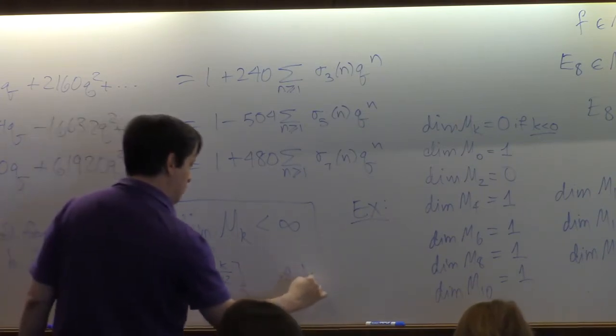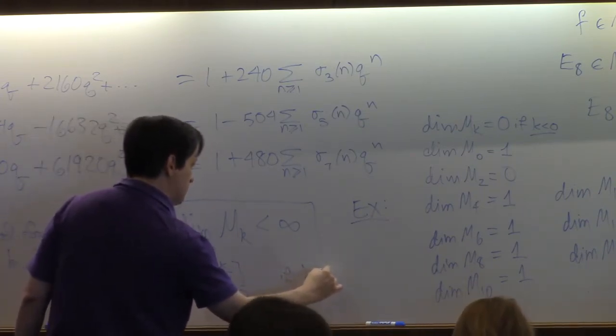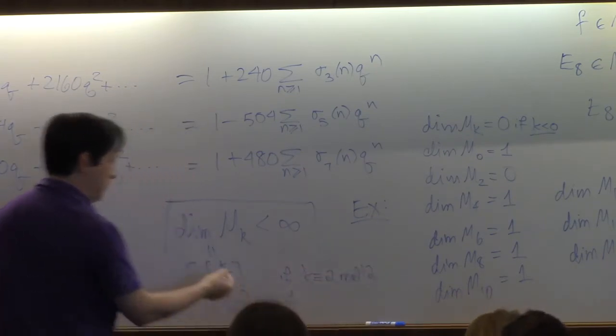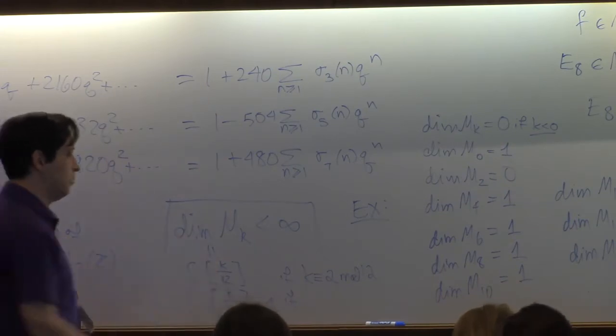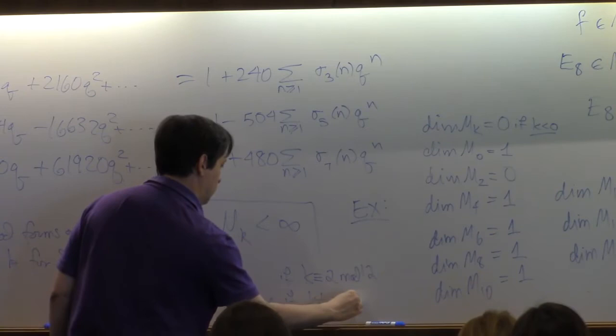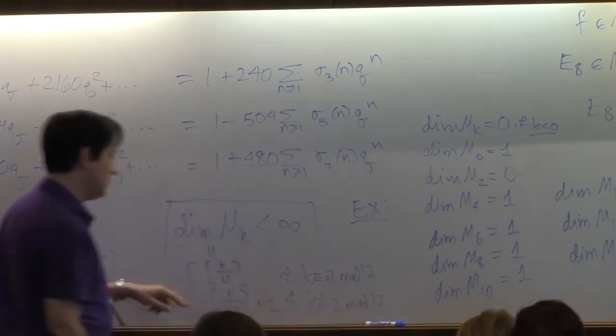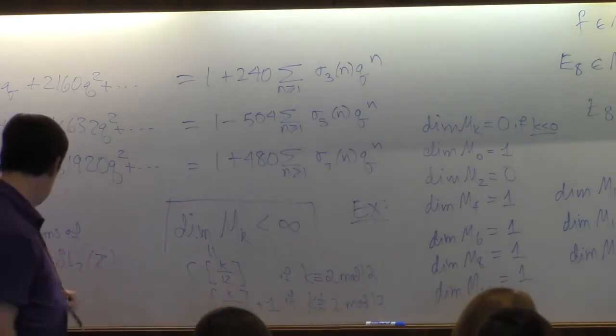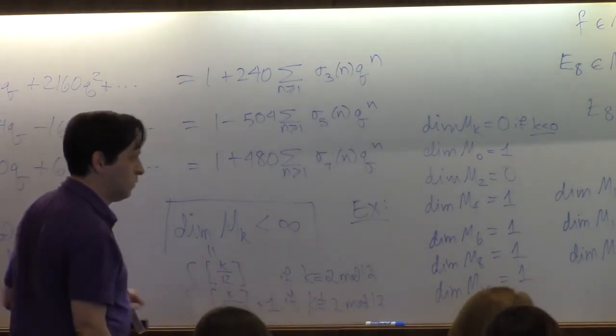And if k is 2 mod 12, it's this form. Like when k is 2, this is 0. And if k is not 2 mod 12, like for example, when k is 14, it doesn't work. So I made a mistake.